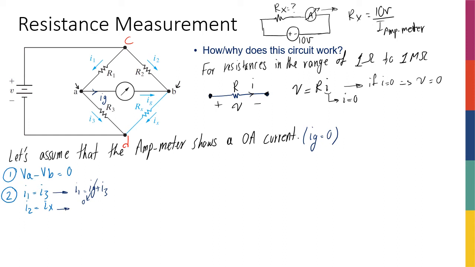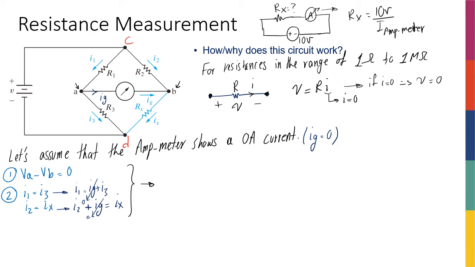Similarly, if I write KCL at node B, I can see that I2 plus IG, because both of them are coming into the node, is equal to IX that is going out of the node. Again, because IG is 0, I2 is equal to IX. Now, from these, I can write another set of deductions.